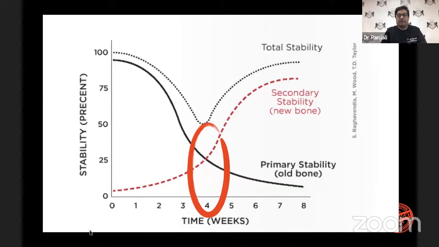Try to stay away from hard foods, things like that, especially if you have an exposed abutment. If you have placed the implant subcrestal, then it is not of any consequence. However, if it is supracrestal, then you have to make the patient aware that this is the most unstable state. And then at about 6-week time, we start to see the stability peaking back up to normal. And from that point, it is a straight line right across.